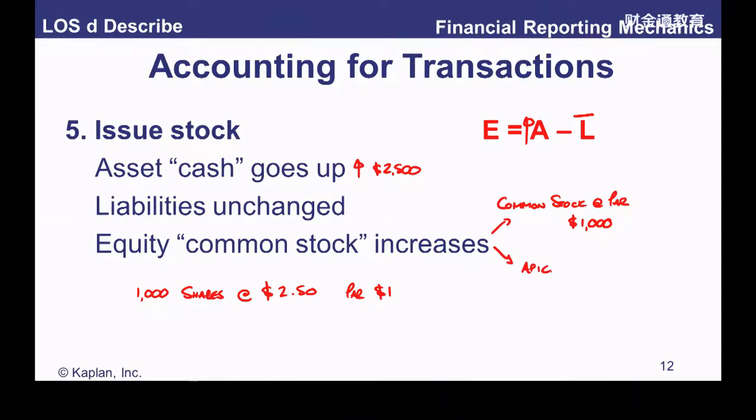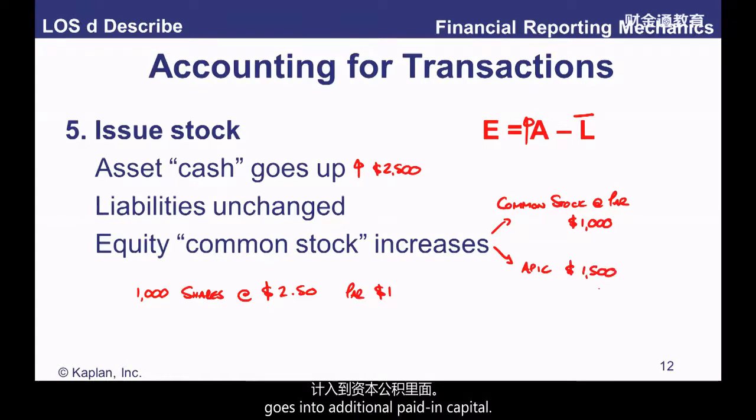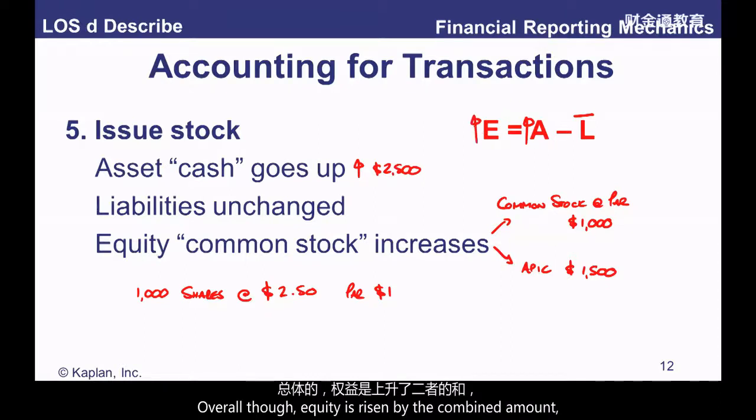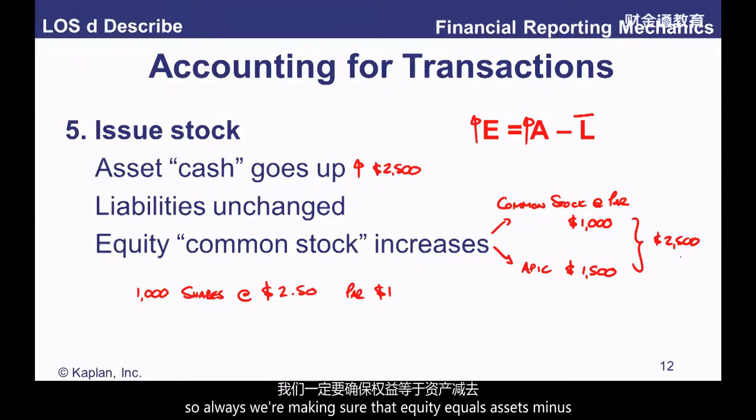Remember, that's what Europeans would refer to often as a share premium. Well, the excess will go to that. So the remaining 1,500 goes into additional paid-in capital. Overall though, equity has risen by the combined amount, 2,500. So again, it all still balances. So notice always, always, always, we're making sure that equity equals assets minus liabilities.